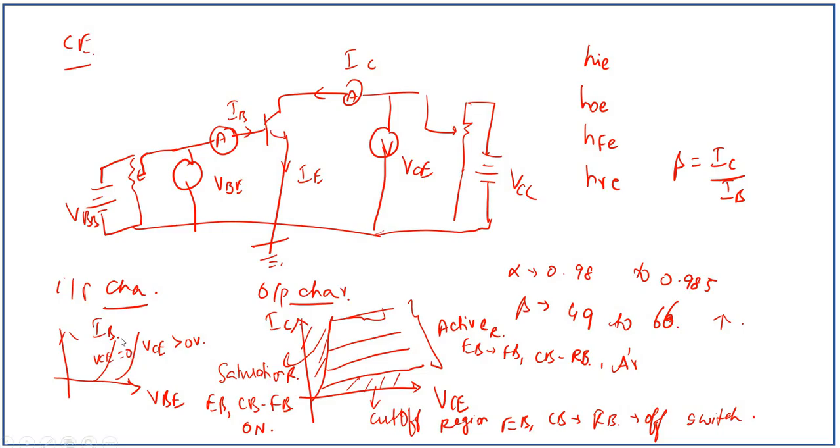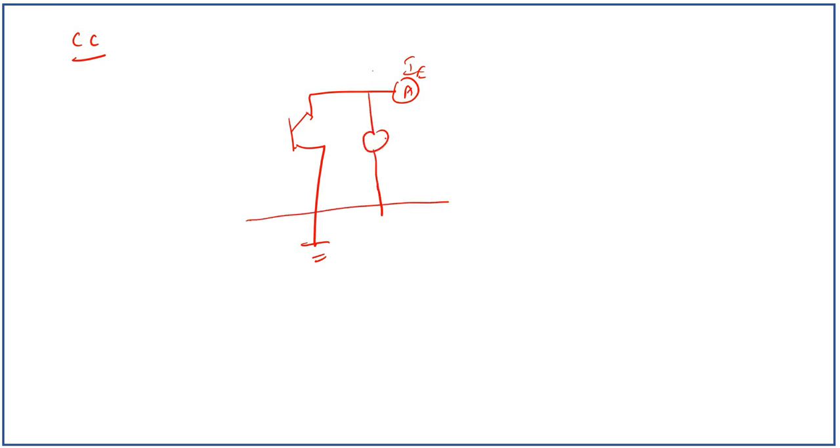So next we go for the common collector kind of transistor, where the collector is common or grounded, the output is the emitter current IE, there is a voltage source. Here voltage is measured VCE.